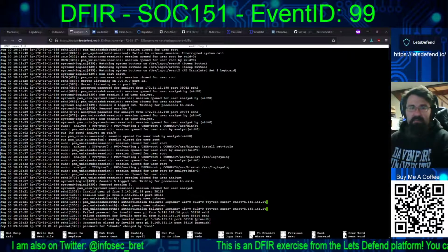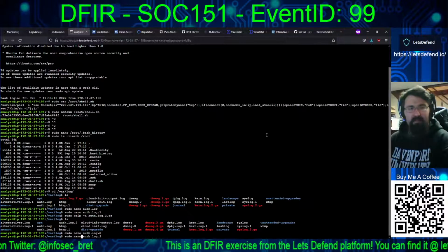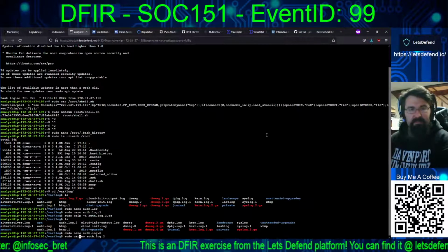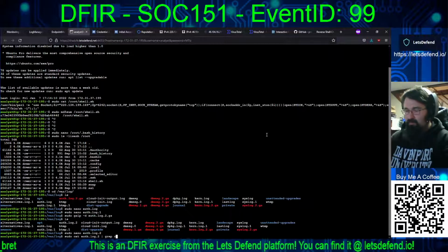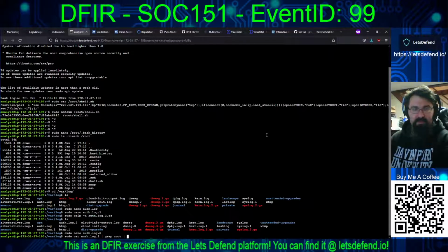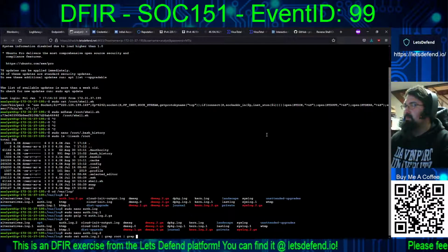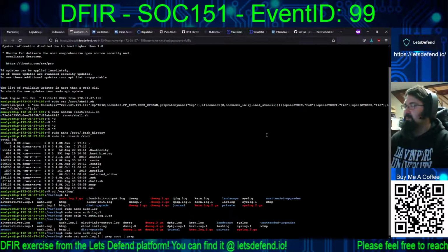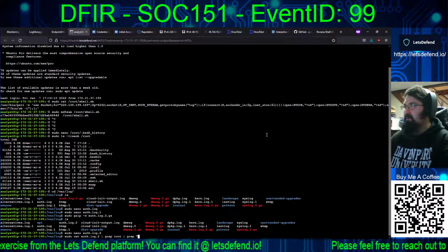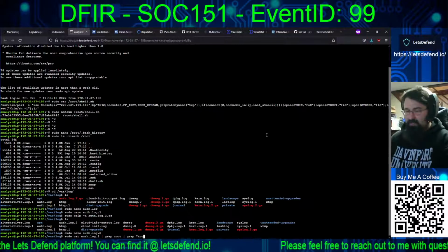See if there's anything else. See if my grep game's gotten any better. We're going to grep for root and grep for accepted.